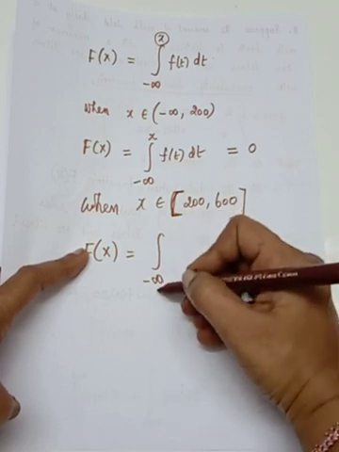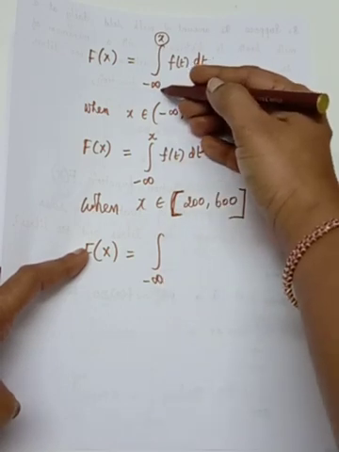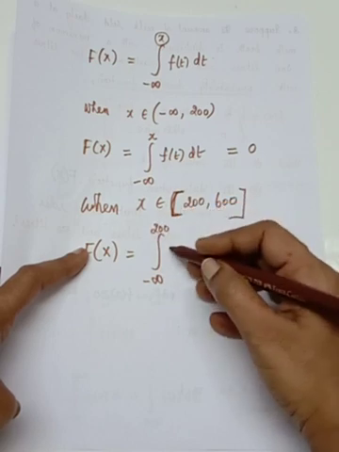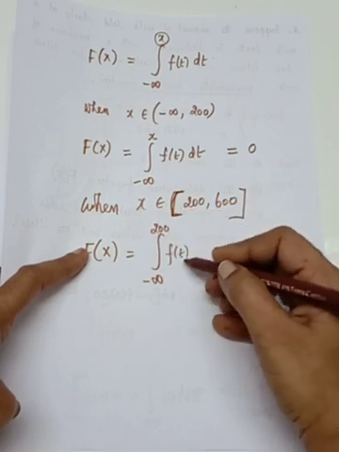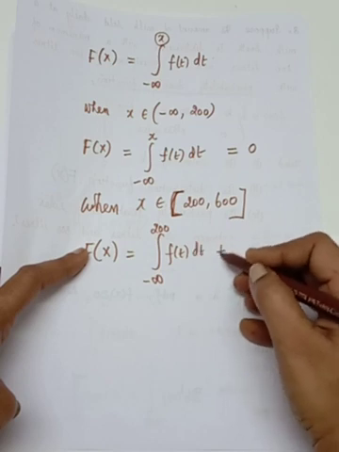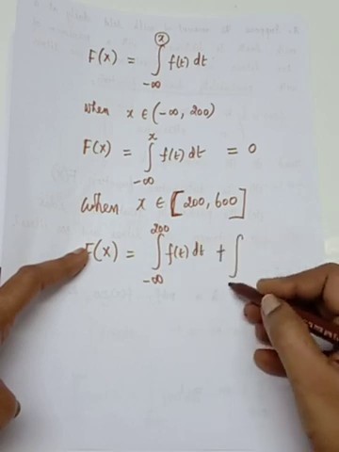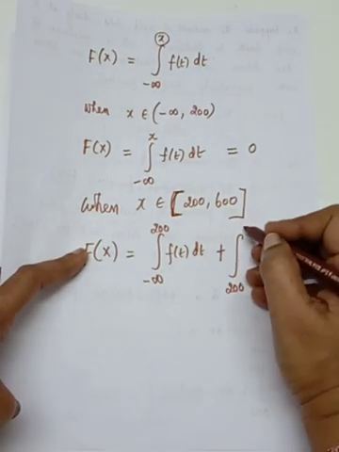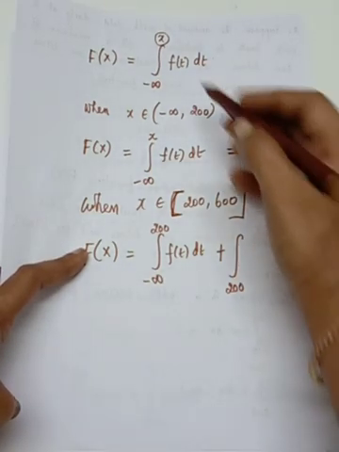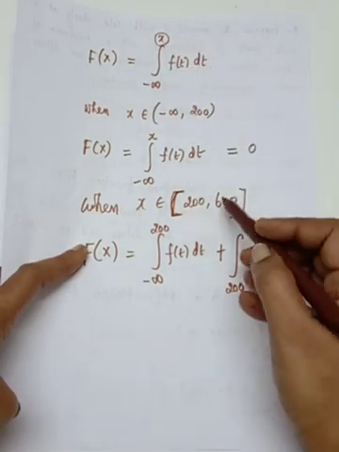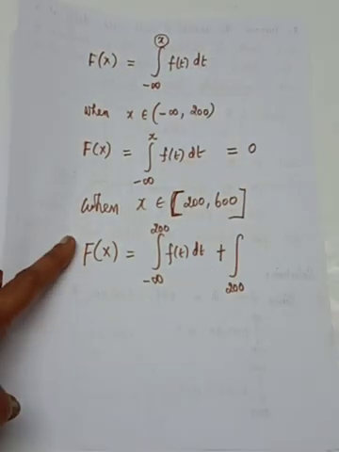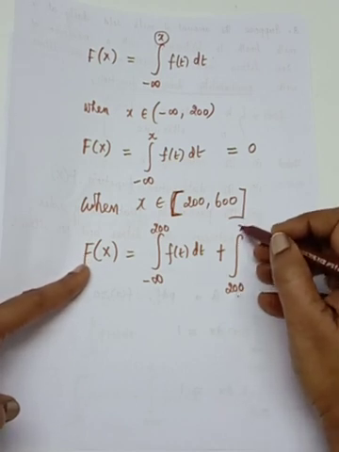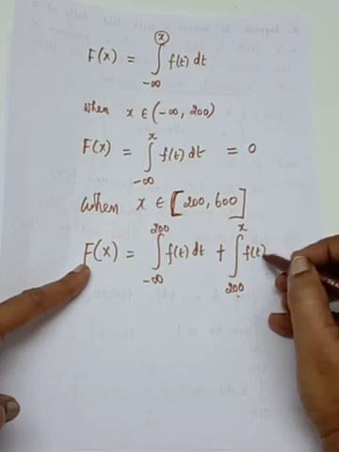So according to the formula, I have to start from minus infinity to 200, because in that your f of t is different, isn't it? Plus, next I have to start from 200 to, I should not write 600 because I have to stop at x. Your x varies from 200 to 600. So I have to write 200 to x, f of t into dt.